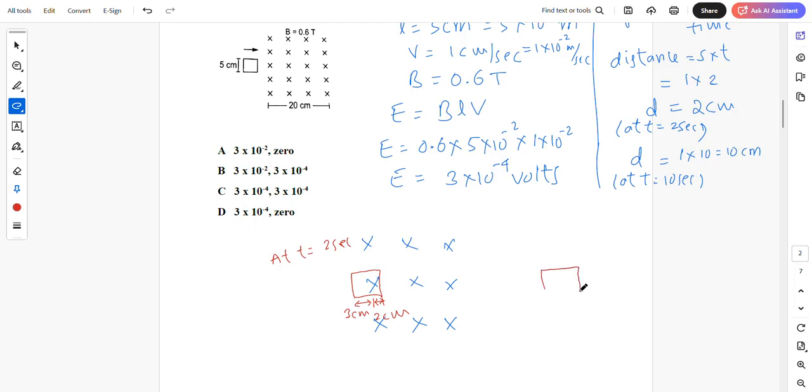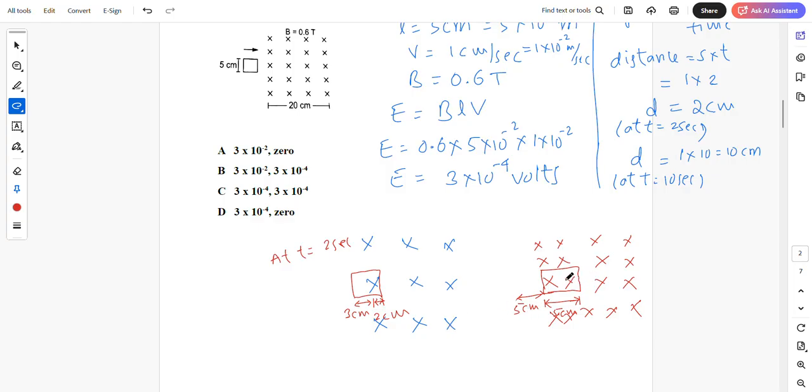At t is equal to 10 seconds, it is entering 5 centimeter. Entering 5 centimeters means the loop is completely inside.